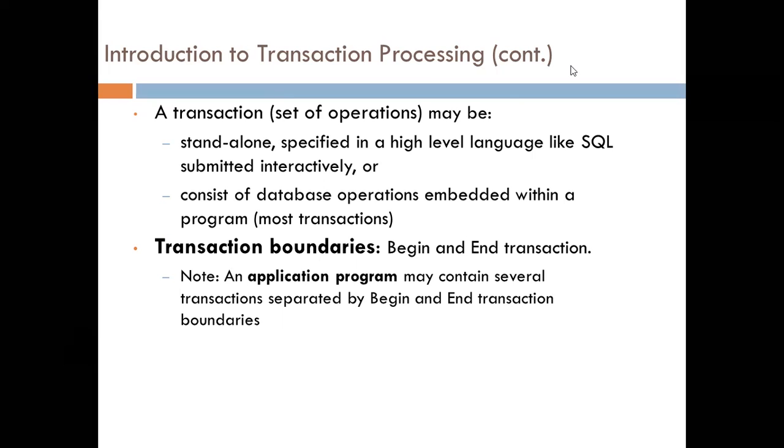A transaction is said to be successful if all the operations execute perfectly. If any one of them fails, for example, we have encountered many scenarios where the amount is debited from one account but it is not credited to the other account. These scenarios occur when a transaction fails.